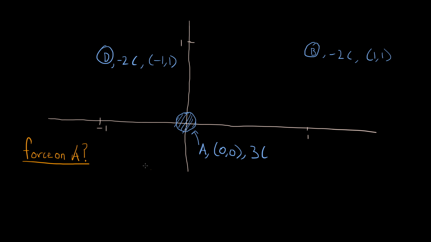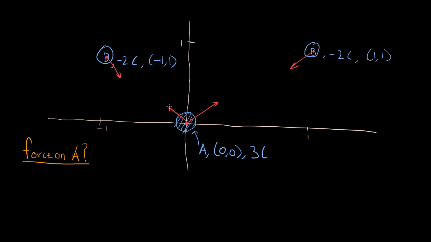Using superposition, we can find this. But the most important thing to do first is consider all the interactions we have happening. Between these two, we're going to see some attraction. Between these two, we're also going to see some attraction because of opposite signs.